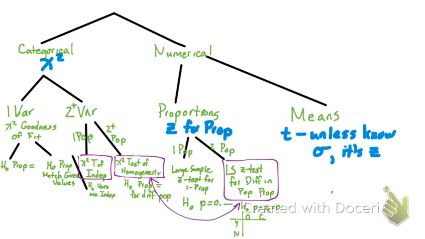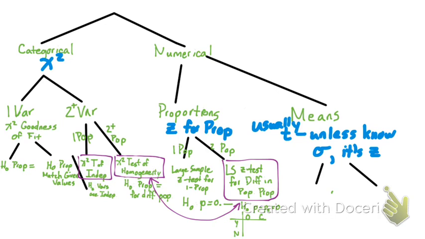So if you know sigma, it's a z-test, but it's usually t because you don't know the population standard deviation. Does that make sense? Any questions?